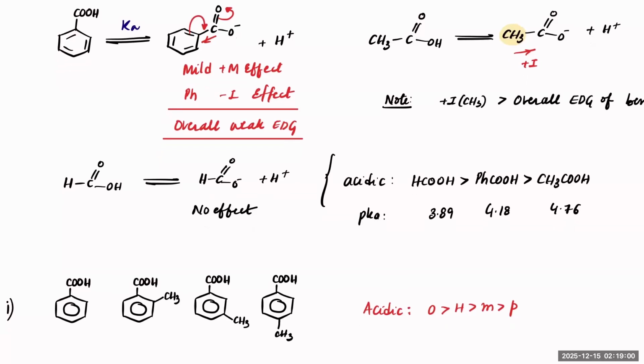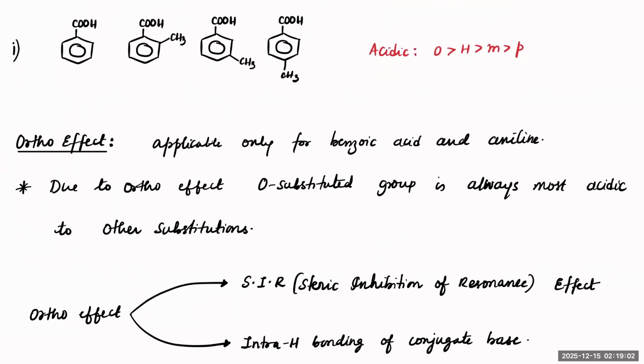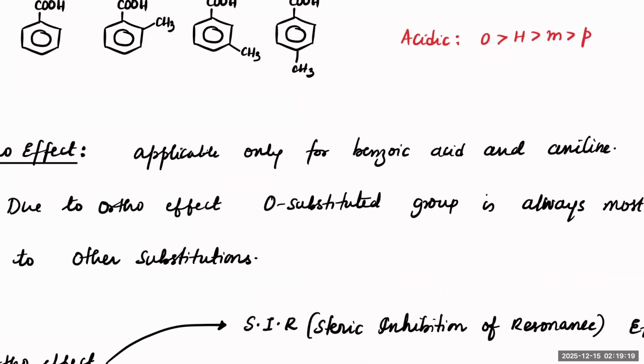And let me show you with some examples here. First, imagine I have a methyl group present on ortho, meta, and para position. Okay. Now, on the ortho position, suddenly the acidic strength is very high, which is very unlike the expected case, the reason being hyperconjugation and plus I are very highly effective here and that should actually decrease the acidic strength.